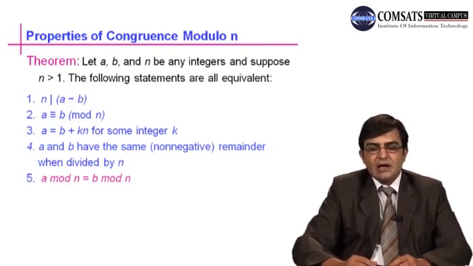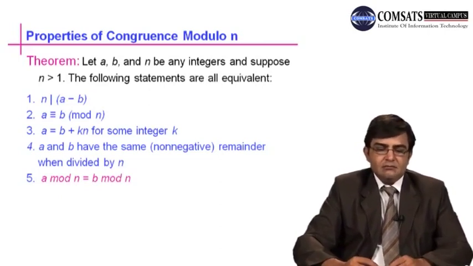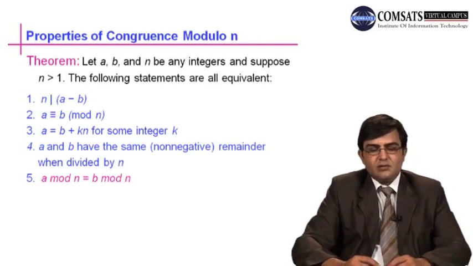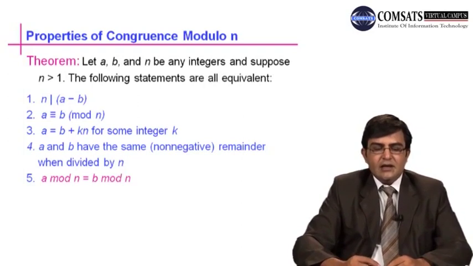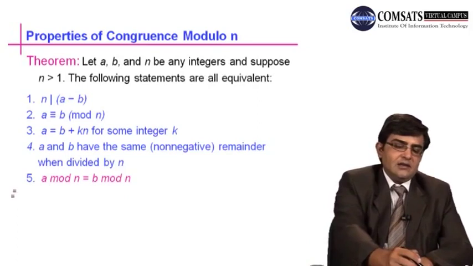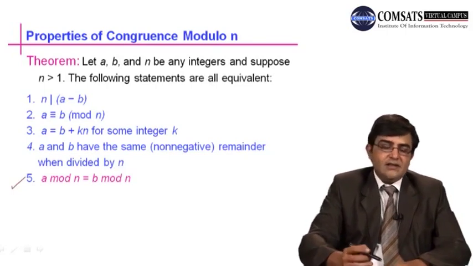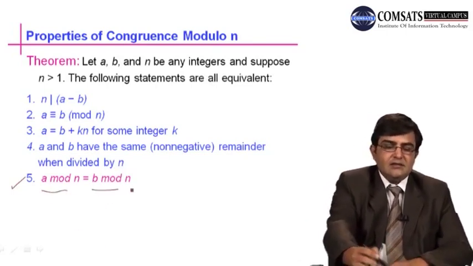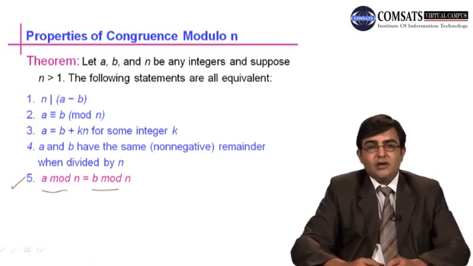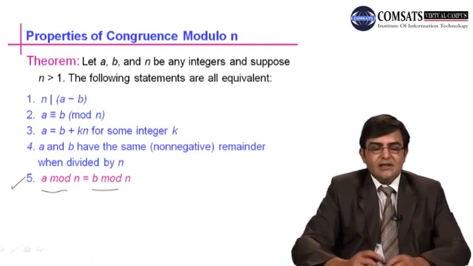The following statements are all equivalent: n divides a minus b; a is congruent to b mod n; a is equal to b plus kn; a and b have the same remainder when divided by n; and the last is a mod n is equal to b mod n. We have already discussed these functions. a mod n, what is a mod n? This is basically the remainder when we divide a by n.